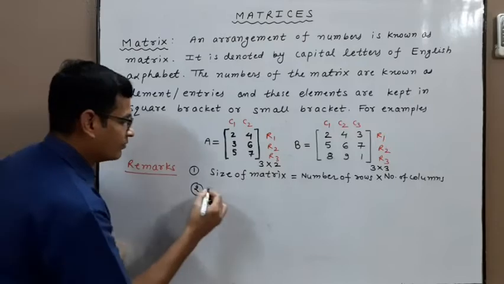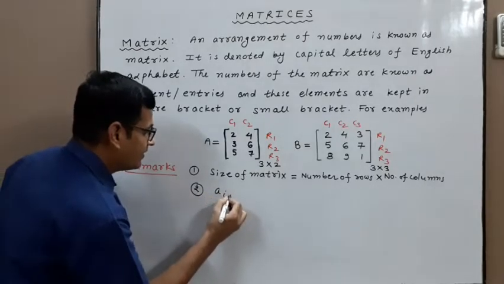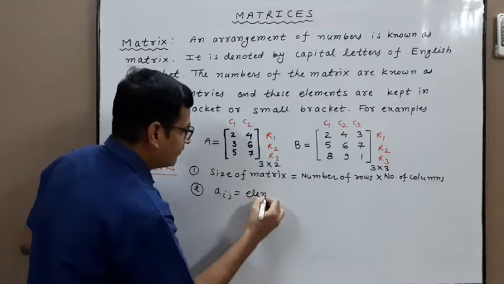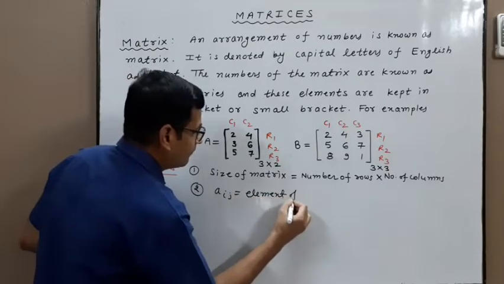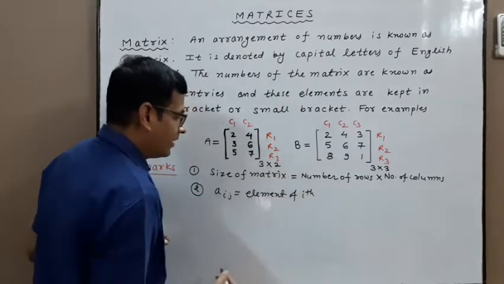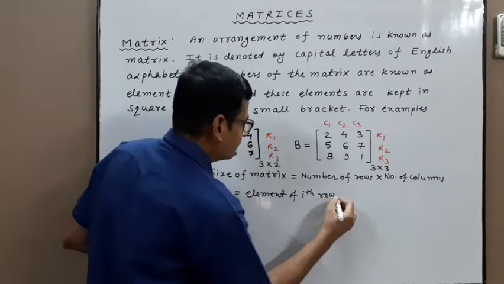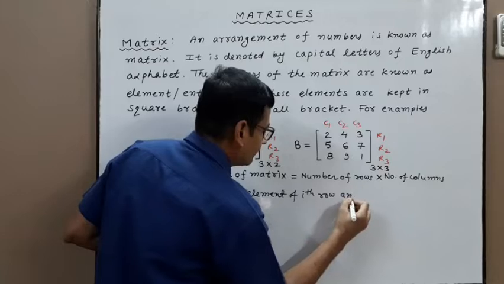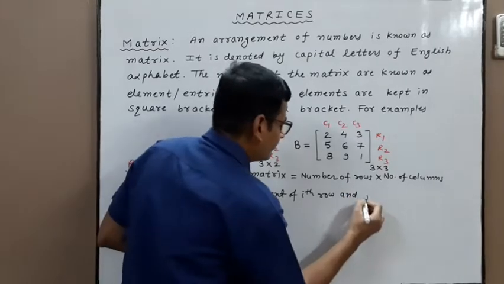Remark number 2. Aij is equal to the element of ith row and jth column.